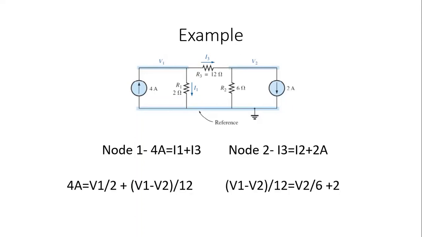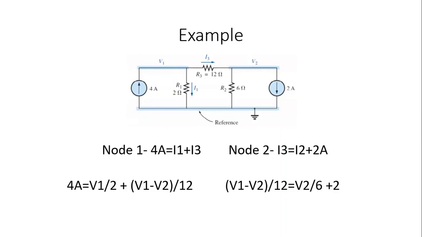Now, using Ohm's law, we can convert that so they're in values of V1 and V2. So we have the 4 amps staying there, and then I1 we can see is V1, which is the voltage drop V1 minus 0, because it's going from V1 to 0 over 2 ohms. Same, it's going from V1 to V2 on I3, so V1 minus V2 over 12 ohms.